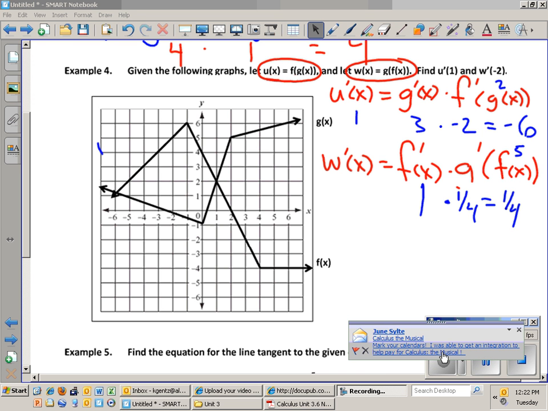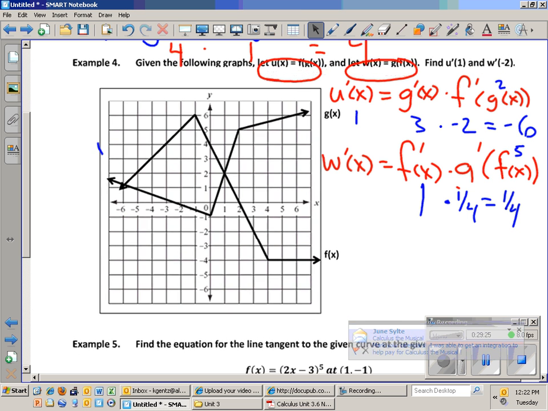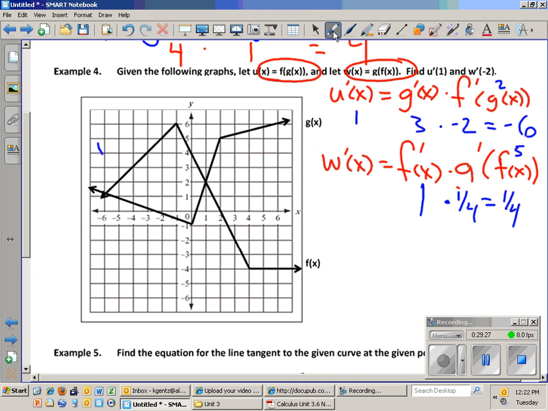So if we think about it, for f prime of negative 2, I look at negative 2, and it looks like this blue one right here is f, and this one's g. So f prime of negative 2 looks like the slope is 1.